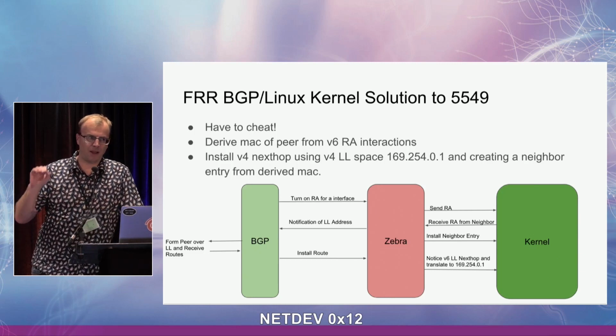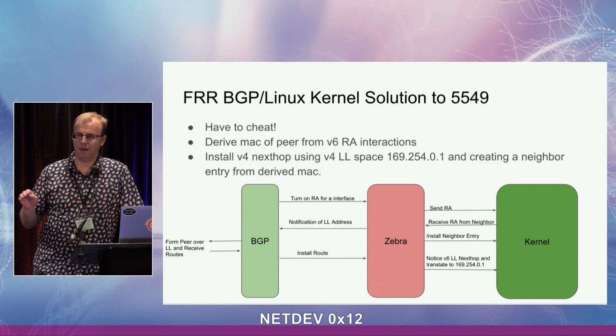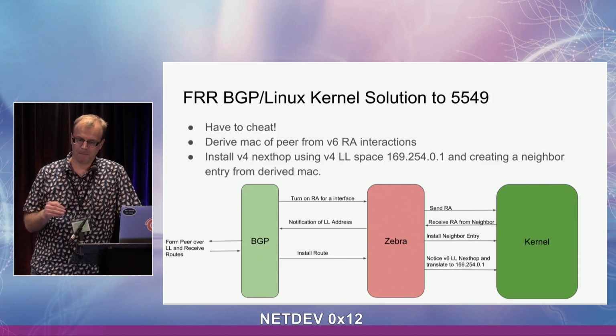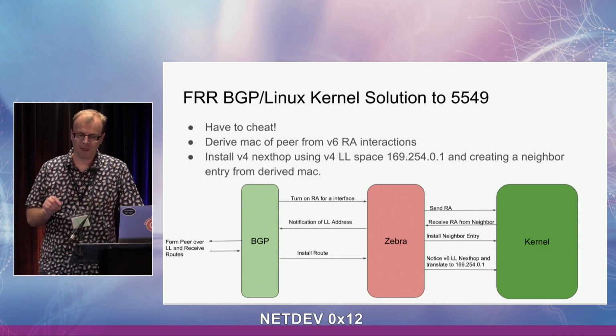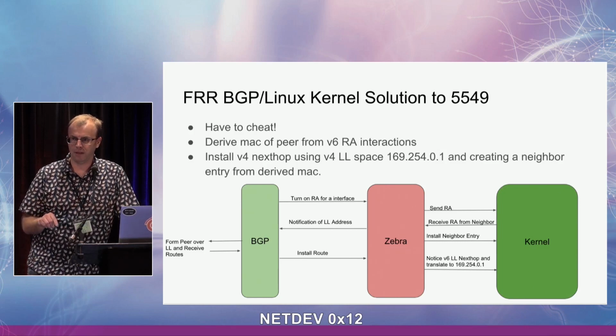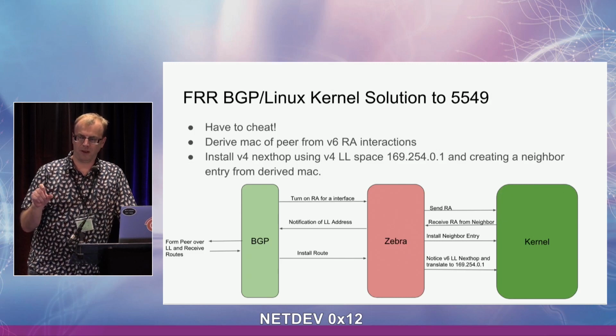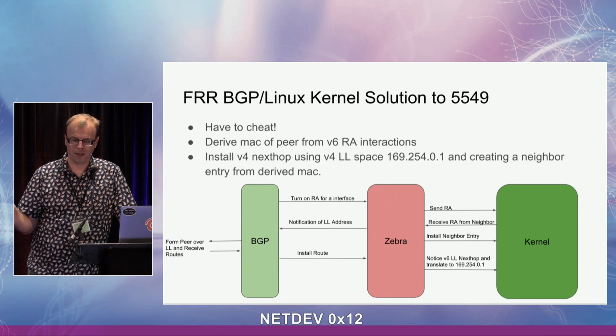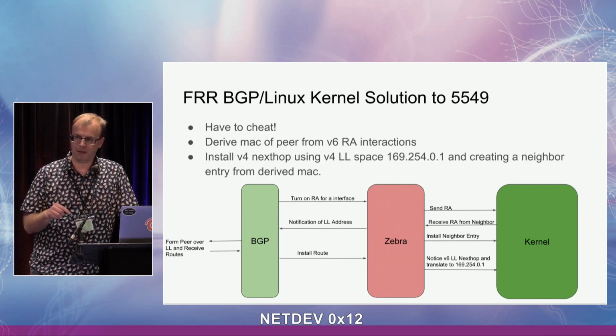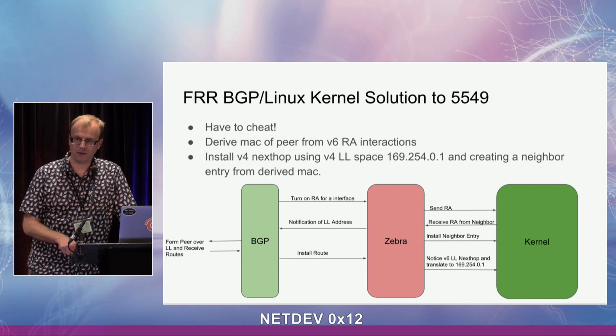So I sent out a router advertisement. Eventually, I'm going to get a router advertisement back from a neighbor out that interface. And at that time, Zebra does two things. It installs that neighbor entry that we just talked about, the 169.254.0.1 and the MAC address. And it also tells BGP the link local address for that interface.